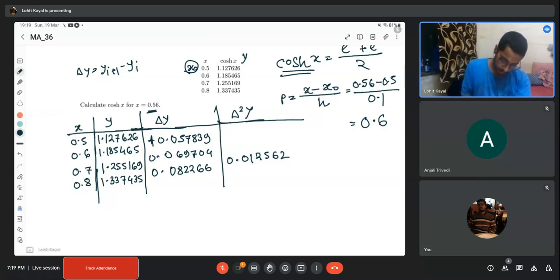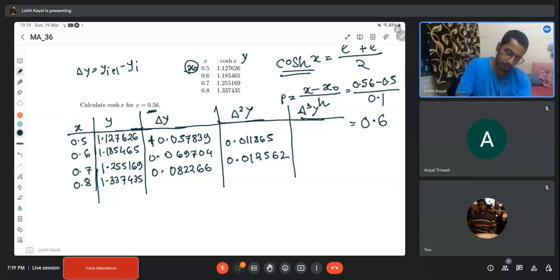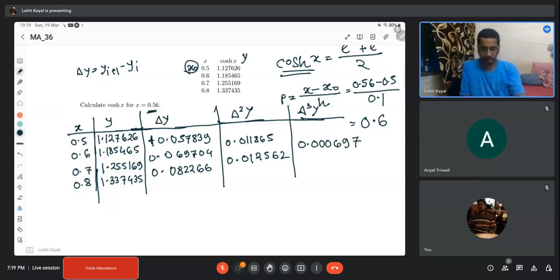So this term is 0.011865, and there will be the last term, delta cube y, which is 0.000697. Okay, so this is the difference table. Now I need to calculate what is y at 0.56.